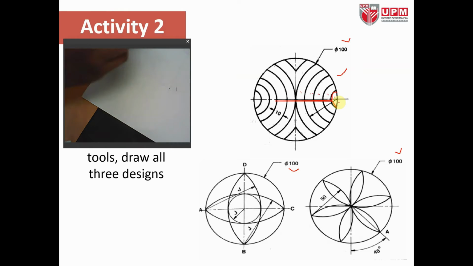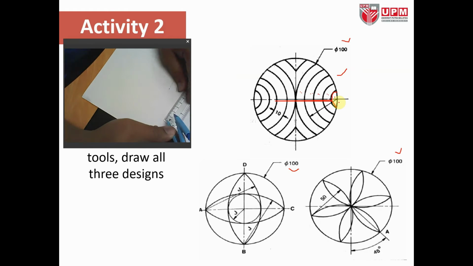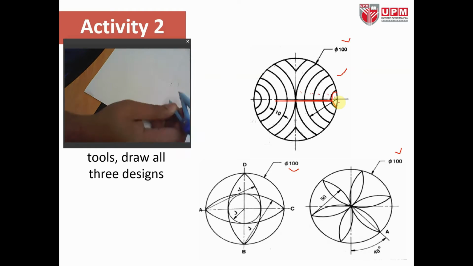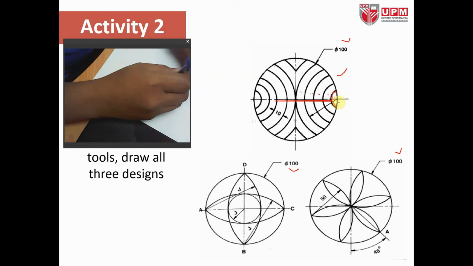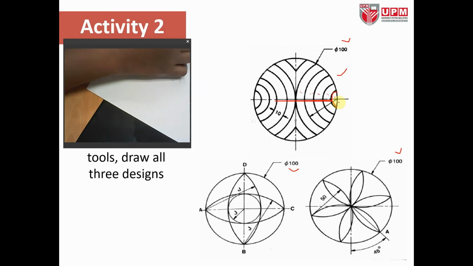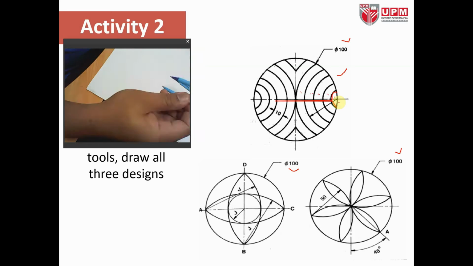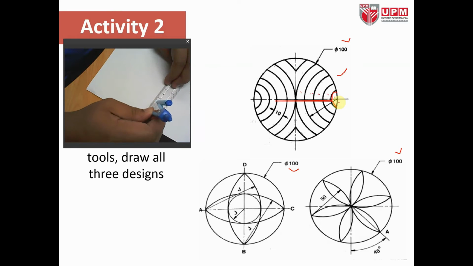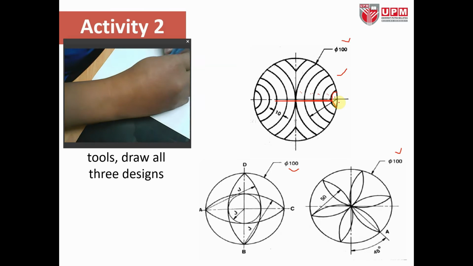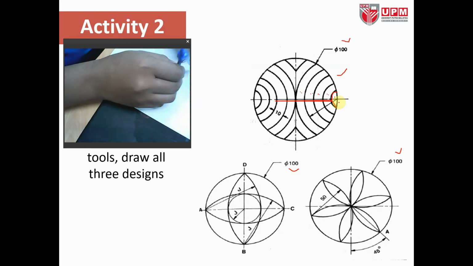Okay, and then we are going to add another 10 mm, so it's going to be 20 mm radius. Draw another circle from here and from here too. Okay, and then we move to the next circle with 30 mm radius. So 30 mm.